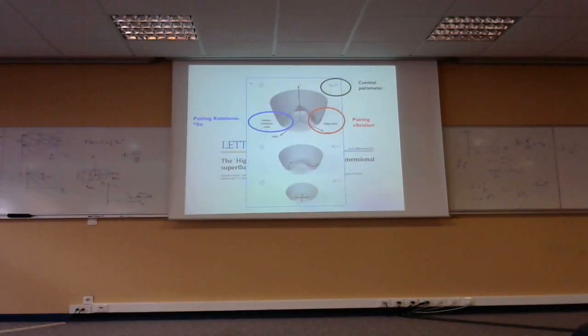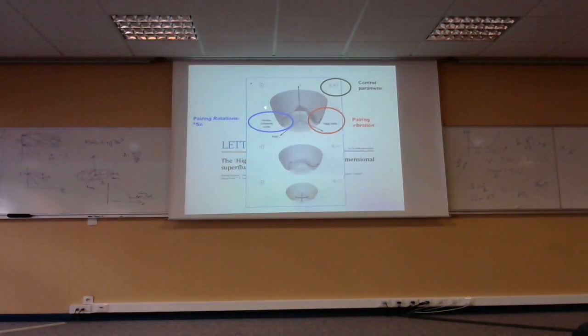So essentially, you've been seeing the so-called Mexican hat potential of Higgs. And here you show the control parameter, which in this case is the current they apply to the superfluid system. And this is actually the fact that the Mexican hat deforms into non-zero deformation.